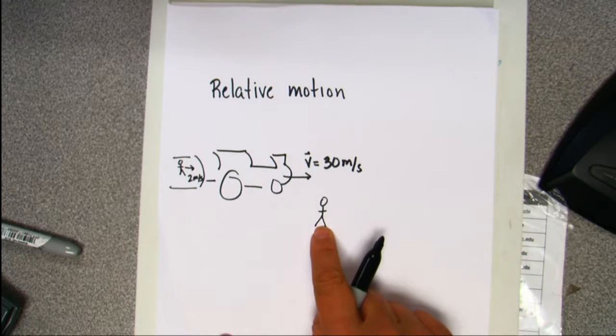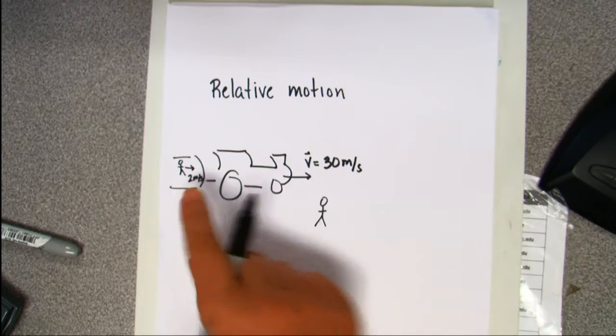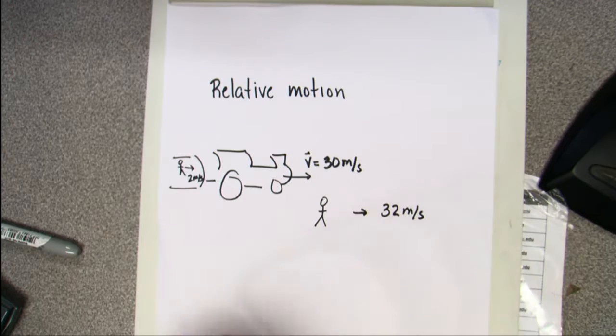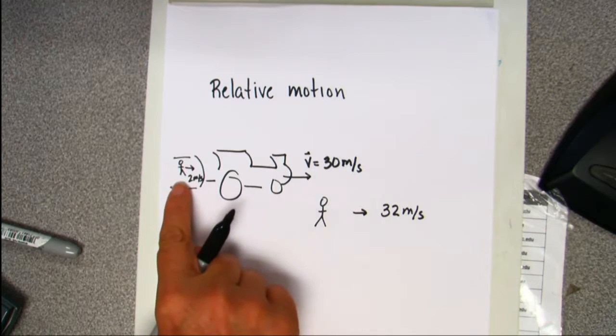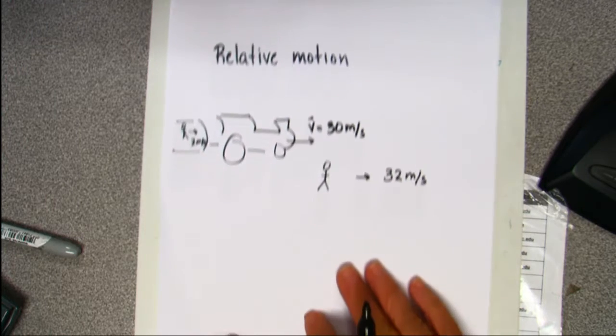The person standing outside is going to see this person moving at 32 meters per second, because this person is moving with the train car.